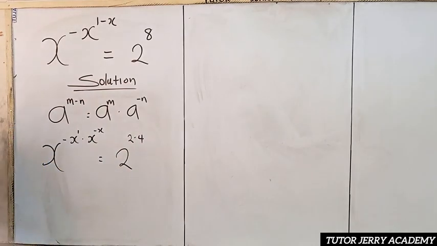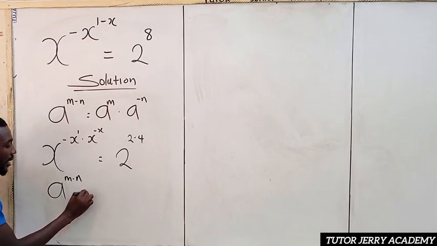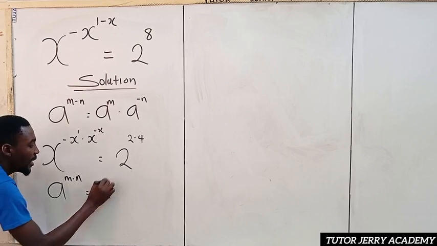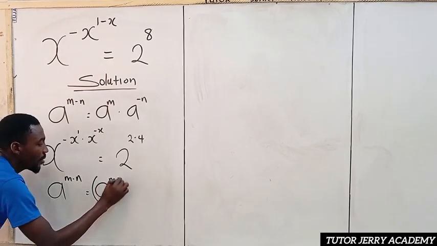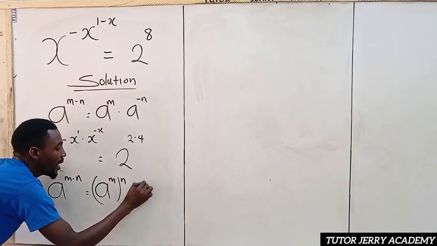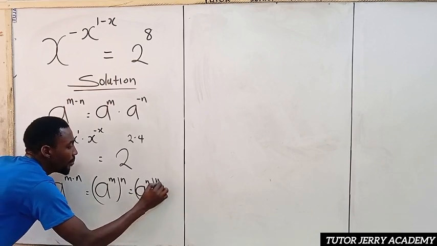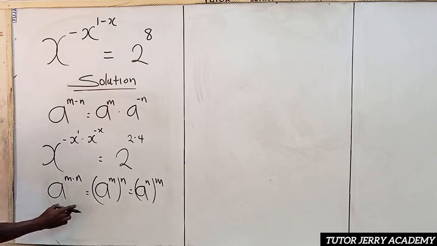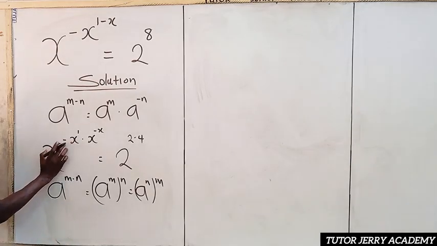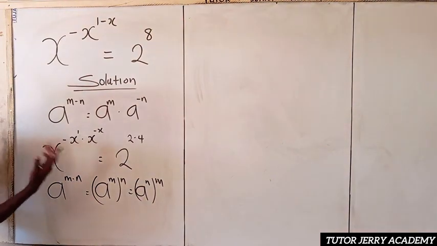All right. Now, you know from the law of indices, if we have a to the power of m multiplied by n, we can either bring in m as the power and take out n, or we can bring out n and take out m. Is that clear? Now, we are going to bring in negative x. Then, you know, x to the power of 1 is x.